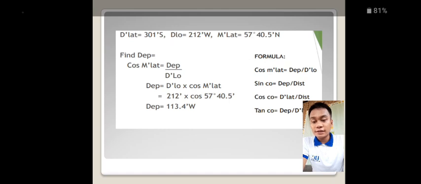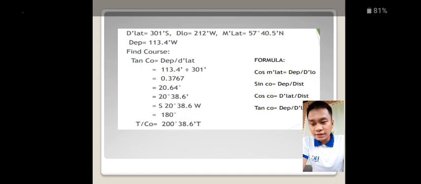So our m lat is 57 degrees 40.5 minutes north. Now that we have the d lat, d long, and m lat, next is to find the departure. The formula that we are going to use is departure is equal to d long times cosine m lat.